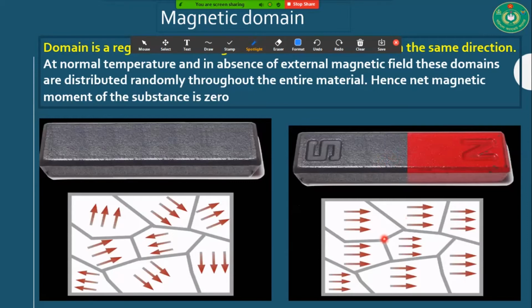Due to the presence of the magnetic field, the magnetic moments are distributed in a uniform direction. This border is called the domain wall, and these are the magnetic domains.